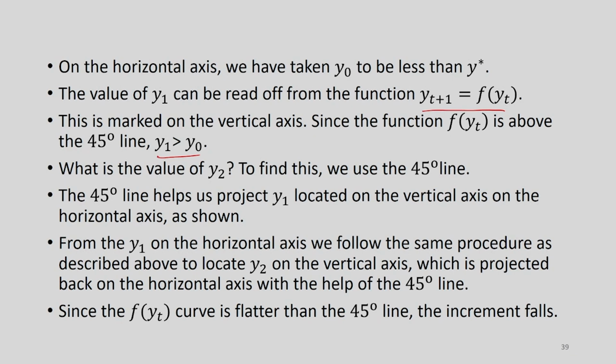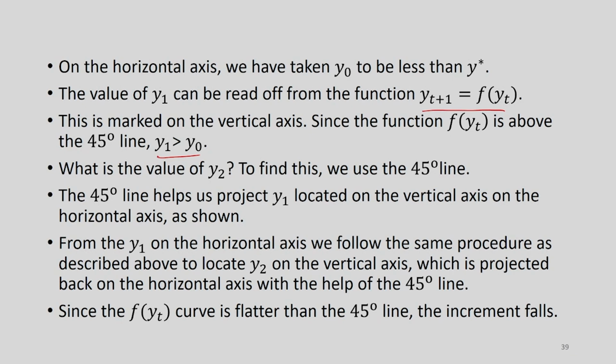Now, the question is, where is y2? We are interested to know the locations of y1, y2, y3, etc., because we want to find out whether we are approaching y star or not, because y star is the point where if you go there, then you will stay there.